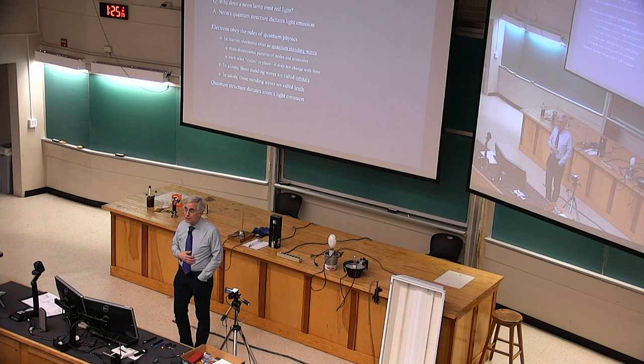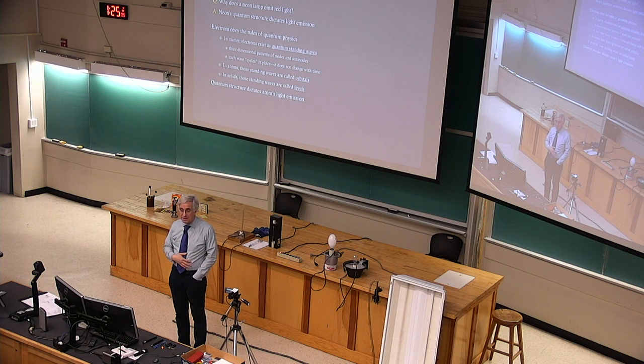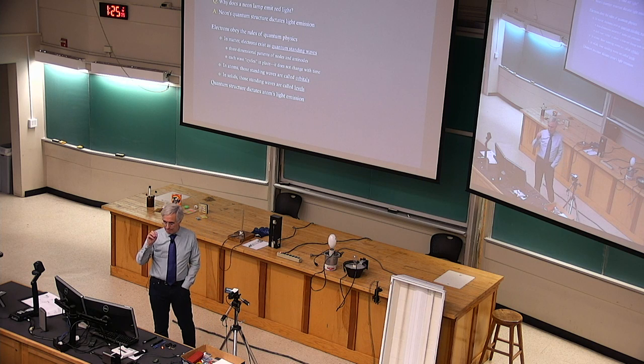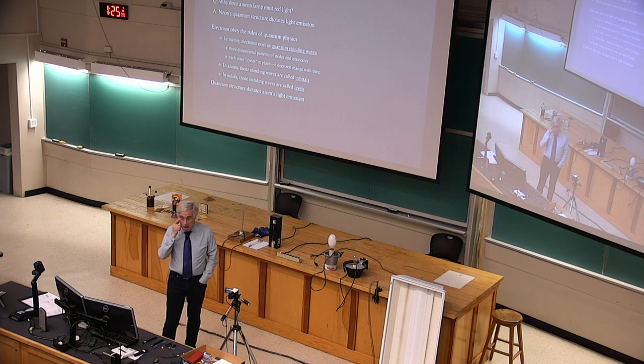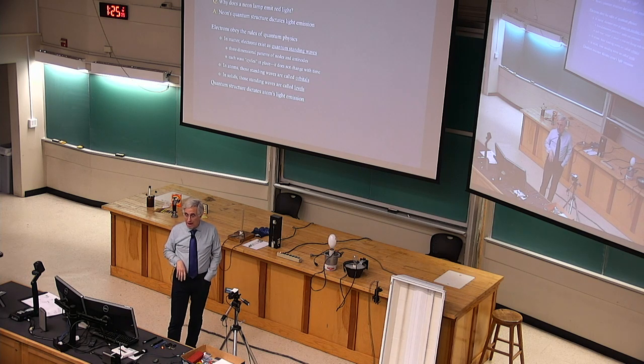Well, electrons, which are part of the atoms, obey the rules of quantum physics. And the electrons, rather than being little billiard ball particles, little specific objects, spend most of their time moving in what are known as standing waves in an atom.